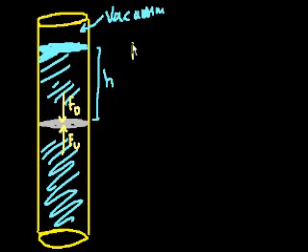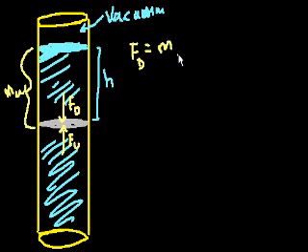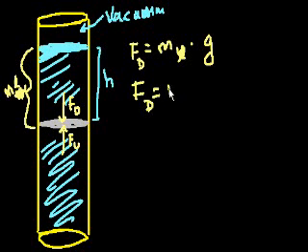The force down, which is the same thing as the force up, is going to equal the mass of this liquid times the gravitational constant. Oh, actually, I shouldn't say water, because I said this is some random liquid. So the force down is equal to the mass of the liquid times gravity.